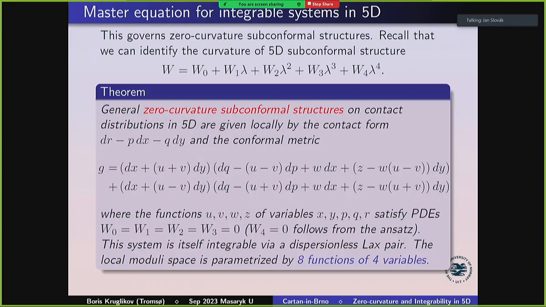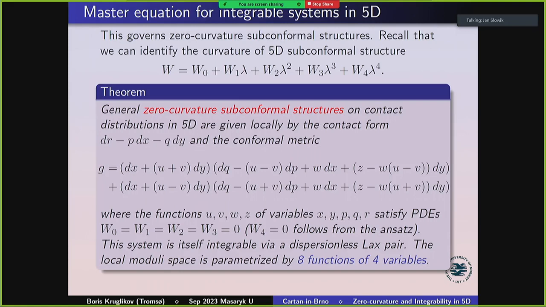So the contact form in Darboux form and the metric contain four functions, u, v, w, and z, and these depend on coordinates x, y, p, q, r. So 5 coordinates, 4 dependent functions.